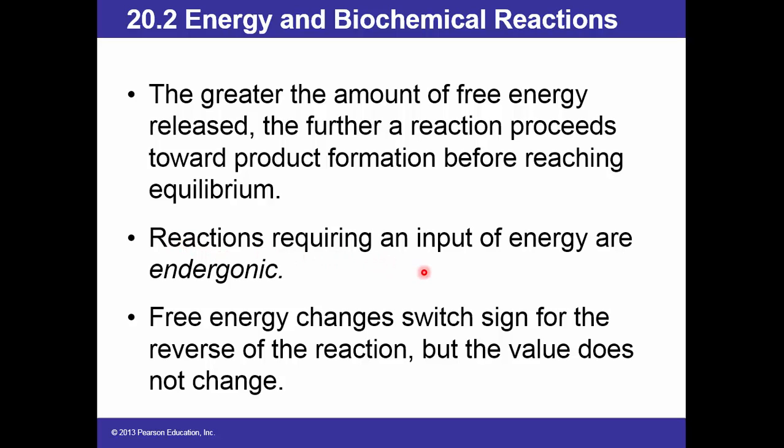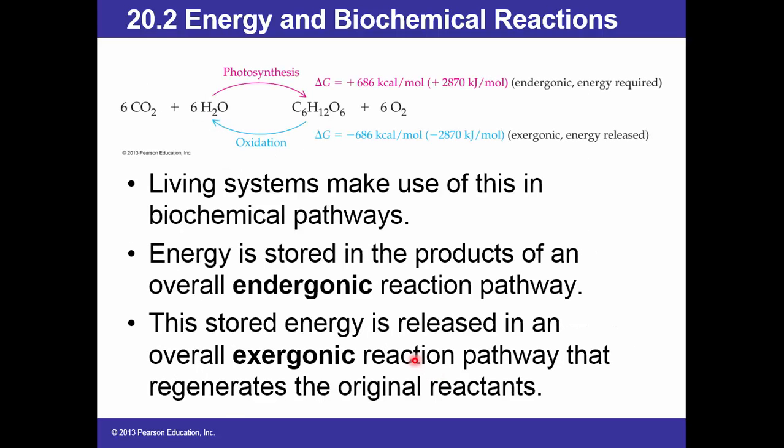Now, reactions requiring an input of energy are endergonic. Free energy changes switch sign for the reverse of the reaction, but the value does not change. If we take, for example, the fixation of CO2 in photosynthesis to form glucose, delta G is positive.